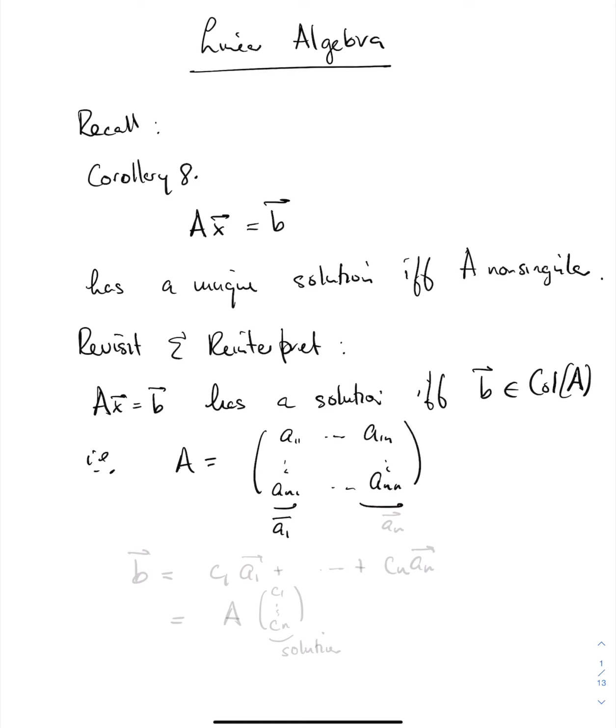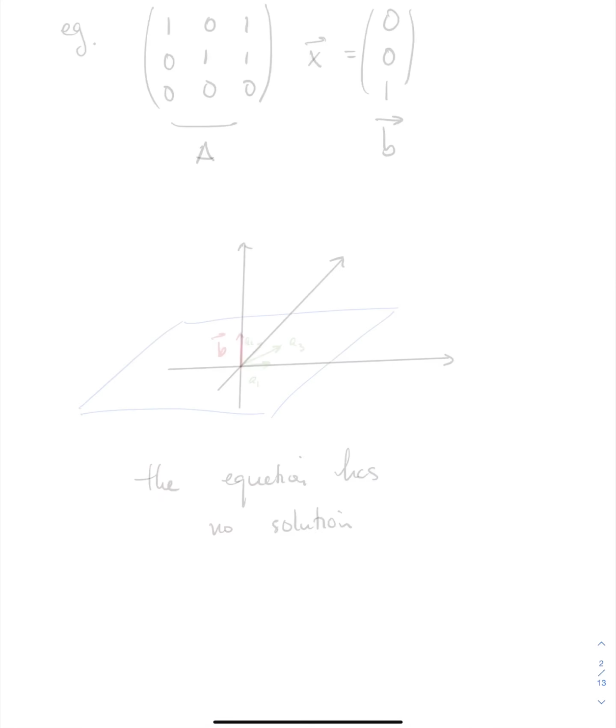These columns being the vectors A1 through An, and b is equal to c1 A1 plus ... cn An, as in b is some linear combination of the columns of A. This can be rewritten as the matrix A times the column vector c1 through cn, and this is the solution. All right, that's what it means for Ax is equal to b to have a solution.